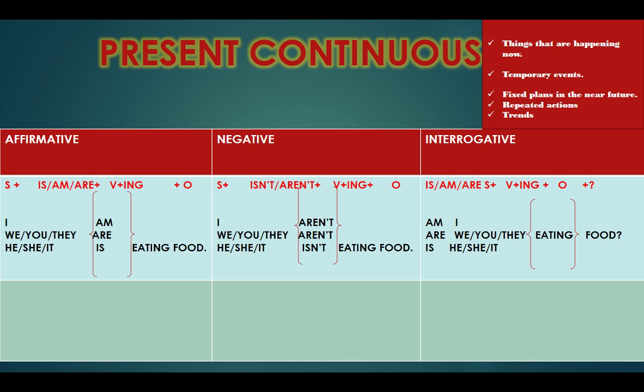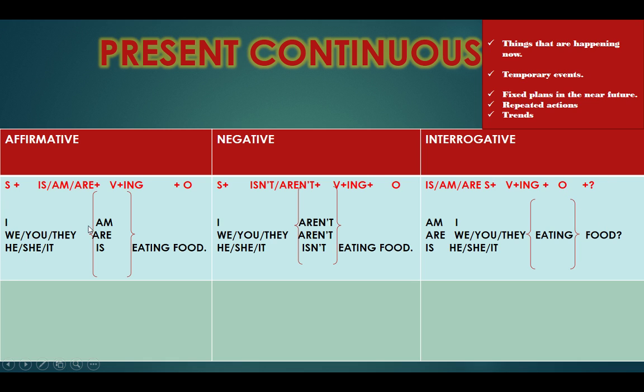So this is verb base form, then ing with it, and then object. In the negative: subject plus isn't/aren't plus verb-ing plus object. And the interrogative is is/am/are plus subject plus verb-ing plus object plus the question mark. Here I missed the plus sign before the subject. I hope this one's clear.